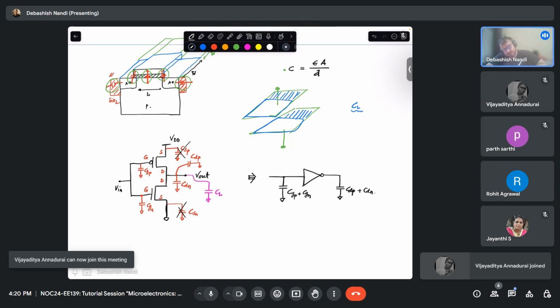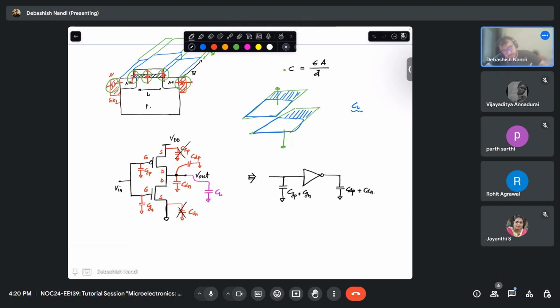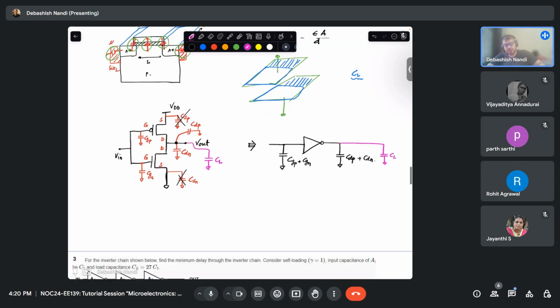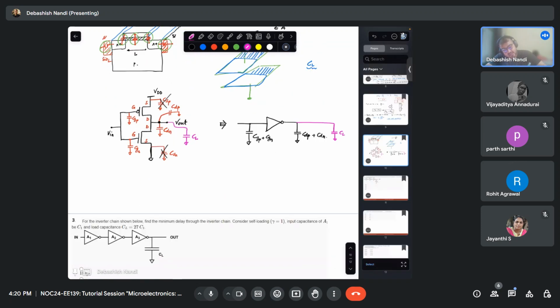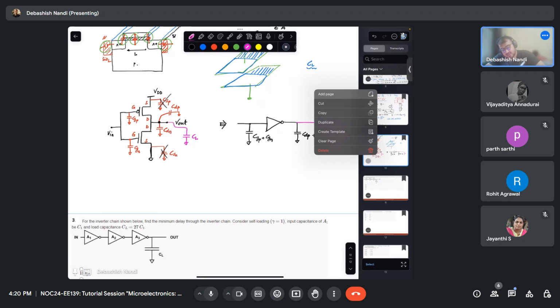You see, right? It is a parallel combination between these two and the ground terminal. So parallel combination of capacitances adds up, right? Yes, sir. And you have your CL. So now, what is the delay of your single stage?